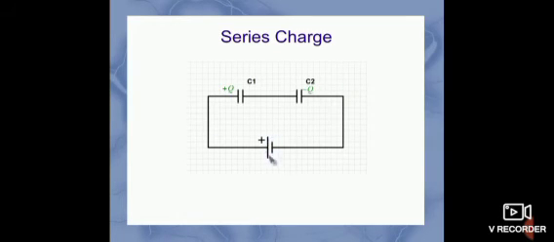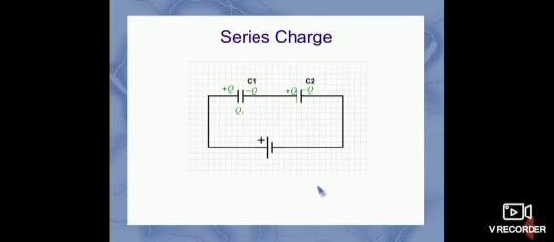Now see the diagram. The first plate of C1 is plus Q and the second plate of C1 is minus Q. Similarly, the first plate of C2 has the charge of plus Q and the second plate has the charge of minus Q. The charge for capacitor C1 is Q1 and the charge for capacitor C2 is Q2, which is equivalent to Q equivalent.